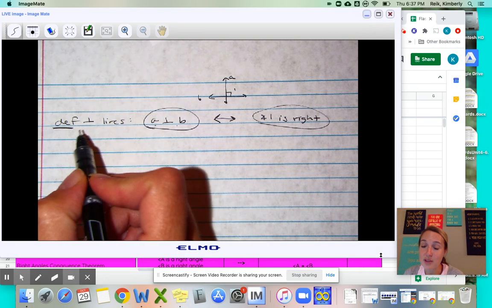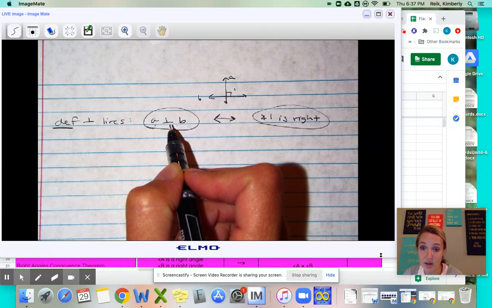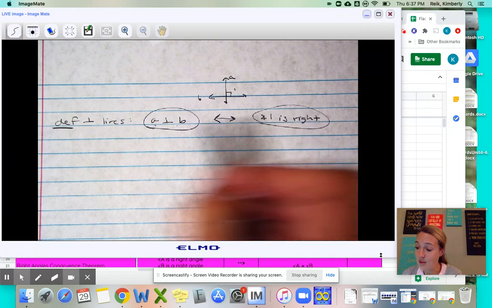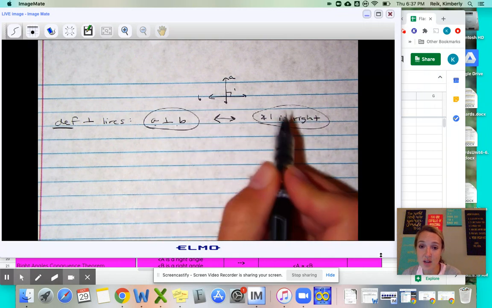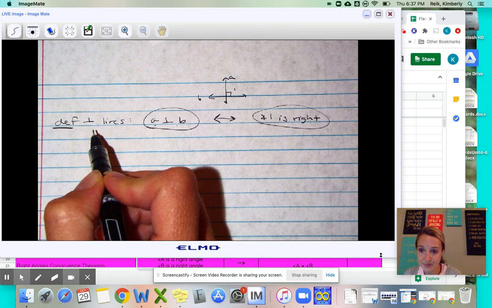So I can reference the definition of perpendicular lines in a proof anytime I'm at a point where I am told I have a set of perpendicular lines, or anytime I'm told I have a right angle. If I know this, I'll get this, and if I know this, I'll get this, for this reason in a proof.